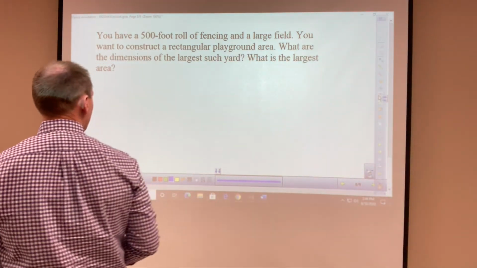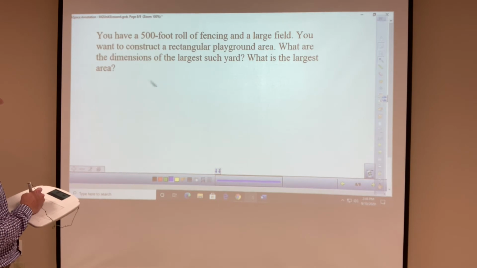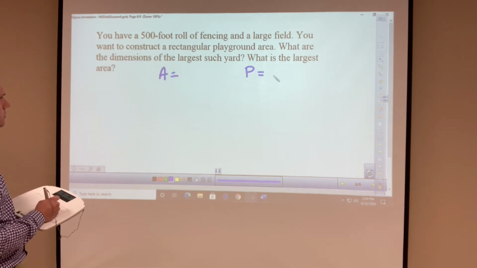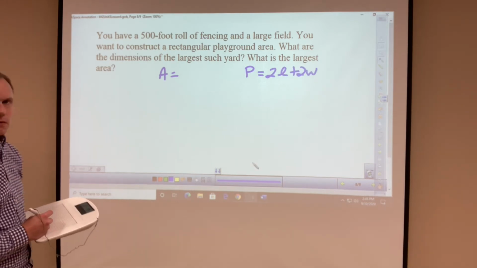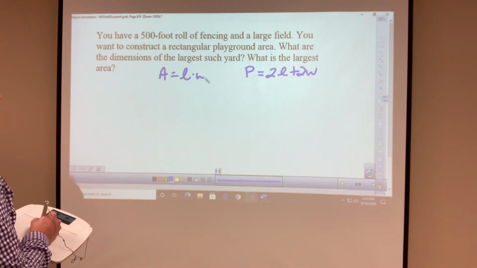So we can start by thinking about area and perimeter. Perimeter equals 2L plus 2W, right? And then we also know that area is length times width.